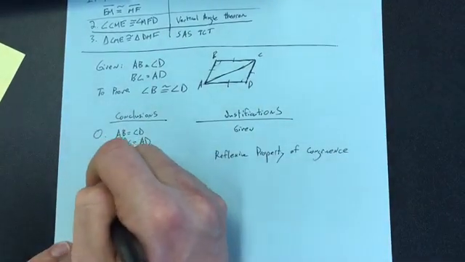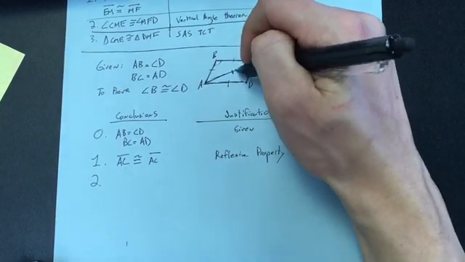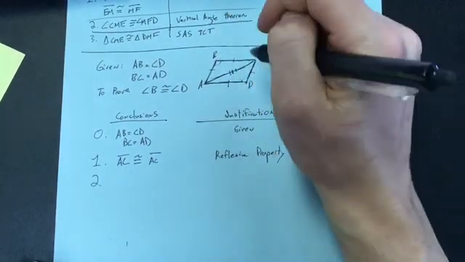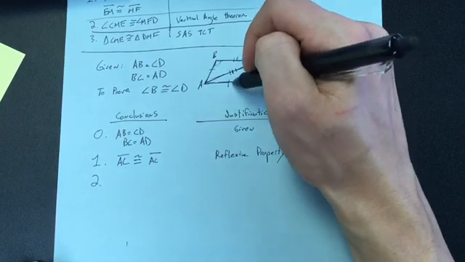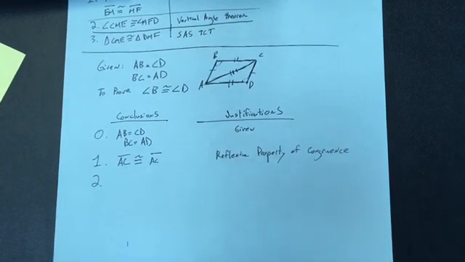Okay, number 2, our second argument. So now I have, let's give that 3, BC, AD should have 2 hash marks. And now we have a variety of sides that are congruent to the corresponding side.